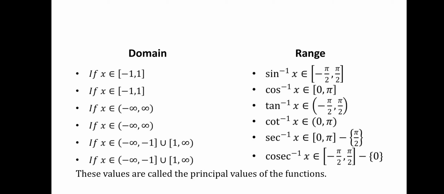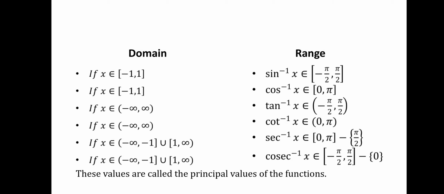Because you can definitely ask me one good question: if I take any value of x, say for example half, sine 30 degree, that is sine pi by 6, is half. We know this. But at the same time, sine 150 degree is also half, for sure.